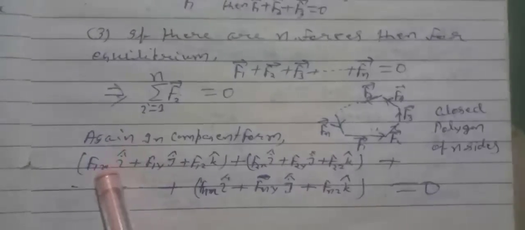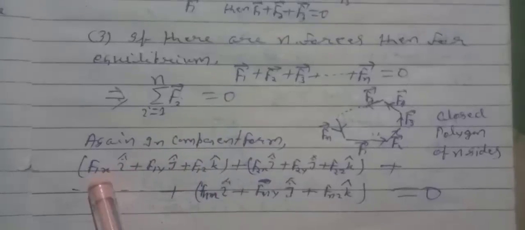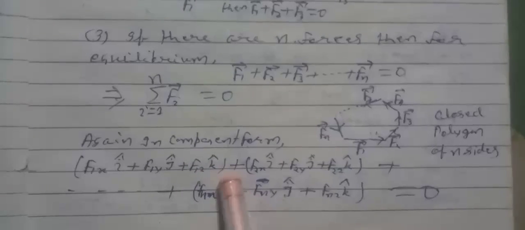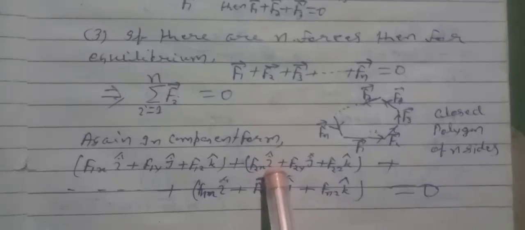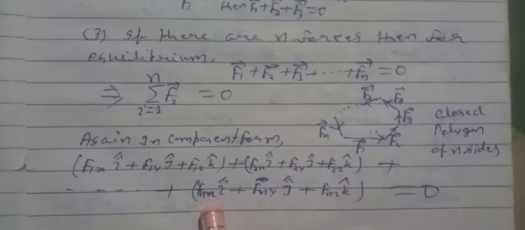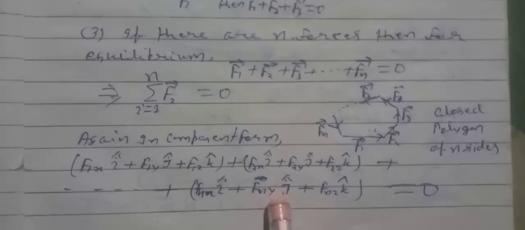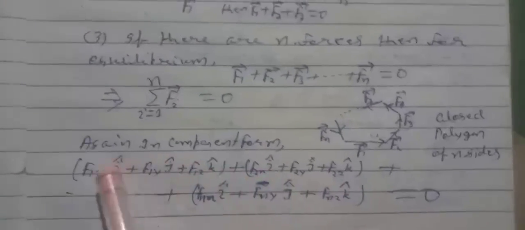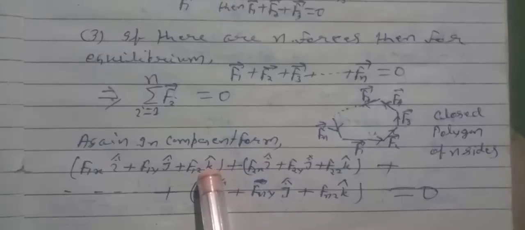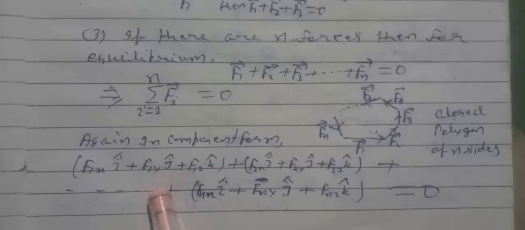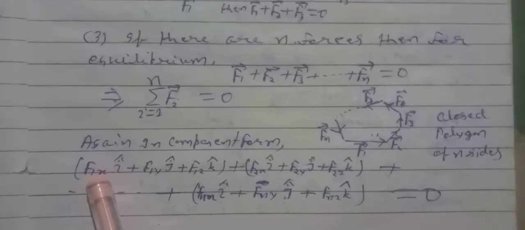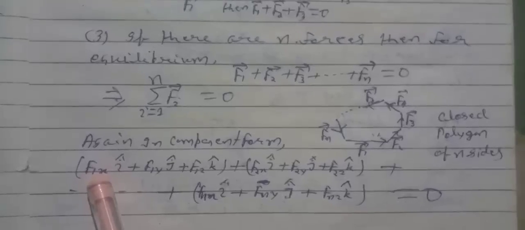That is, in component form, F1 vector can be written as F1x i cap plus F1y j cap plus F1z k cap, plus similarly F2x i cap, F2y j cap, F2z k cap, plus and so on, Fnx i cap, Fny j cap, Fnz k cap, where i, j, k are the unit vectors along the x-axis, y-axis and z-axis respectively, and here F1x represents the first force along x direction.